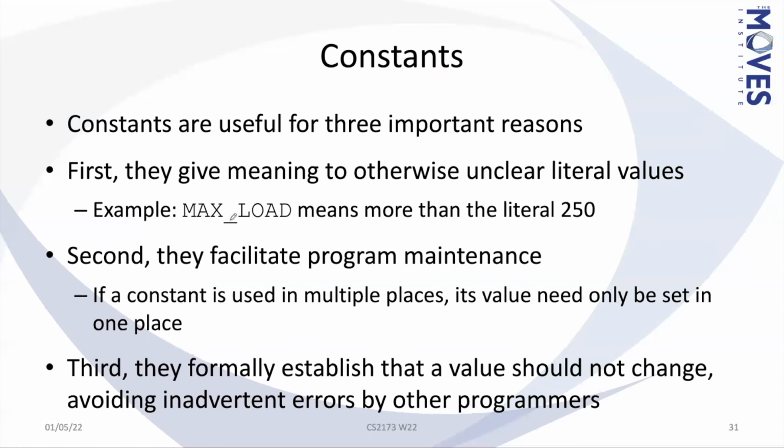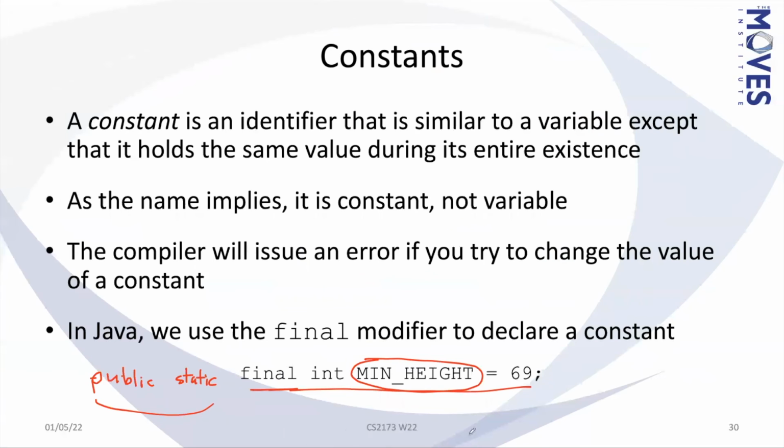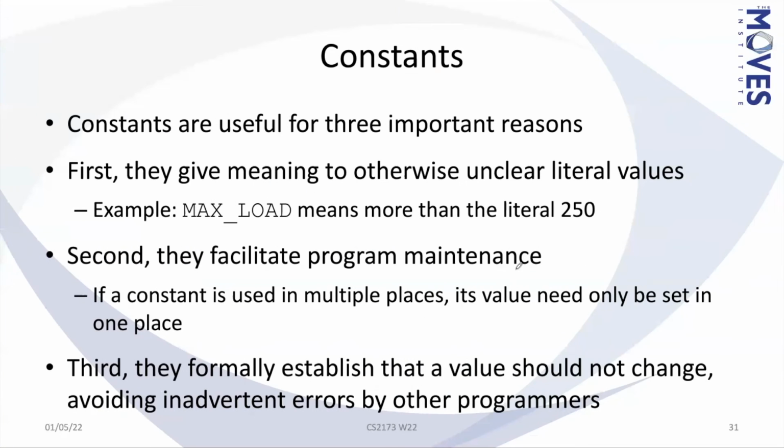Defining something like this, max load, means that wherever I use that value, I will refer to it as max load. And if at some point I realize that max load is not 250, it's 260, then I can simply change it in that one place and it'll be changed everywhere.